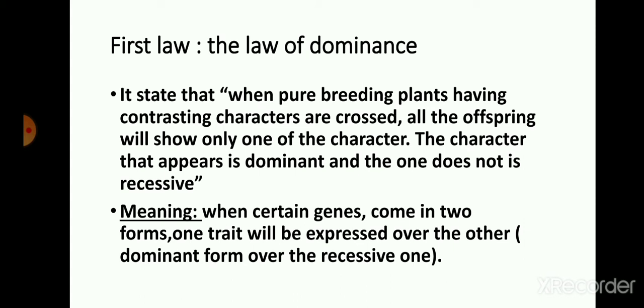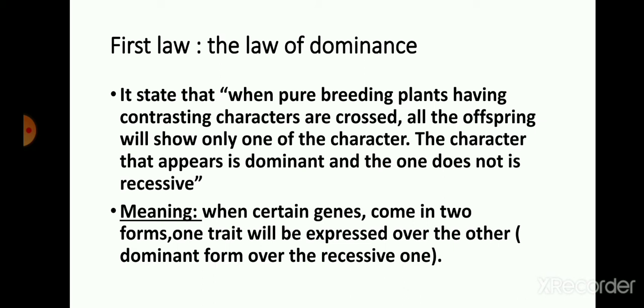So the first law is the law of dominance. What does the law of dominance actually say? It states that when pure breeding plants having contrasting characters are crossed, all offspring will show only one of the characters. The character that appears is dominant and the one that does not is recessive.